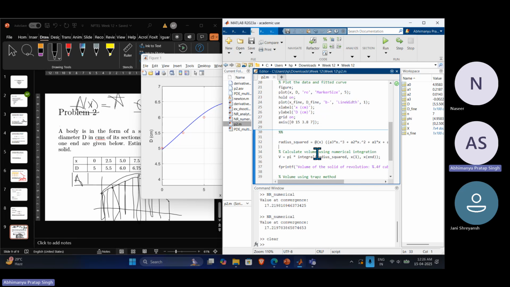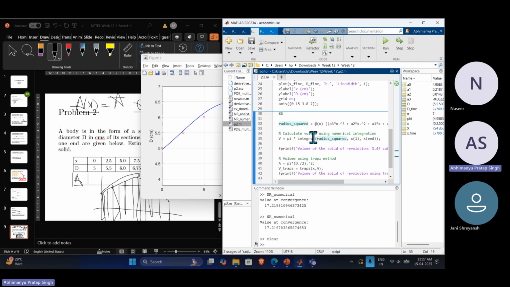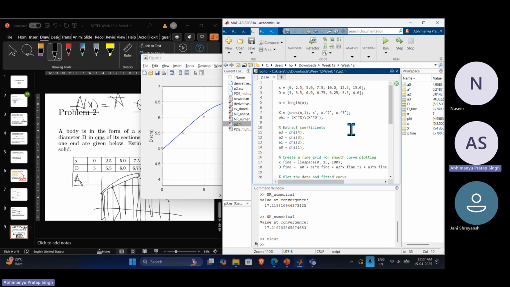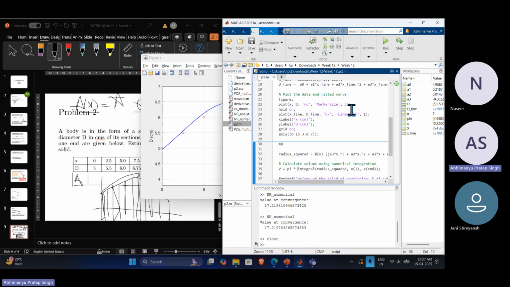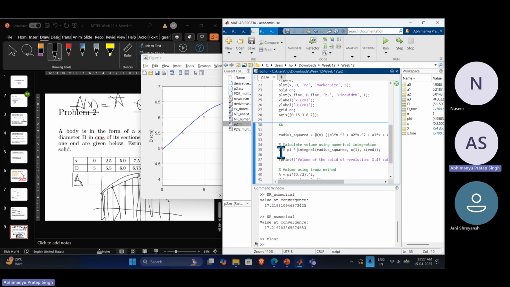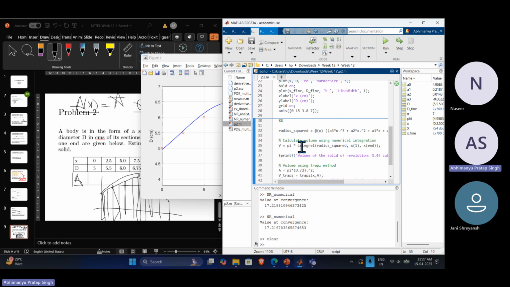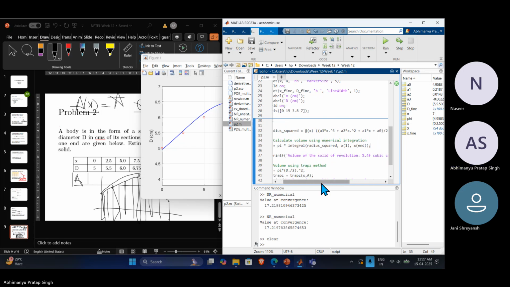Then I'm using the inbuilt integral function of MATLAB. This integral function will give me the integration of r square dx from x equal to 0 to x equal to 15. And I'm multiplying it by pi to get my volume. Fine. Any doubt in this integral function? I just need to pass a function handle of what I want to integrate and both the end points, the initial point and the end point.